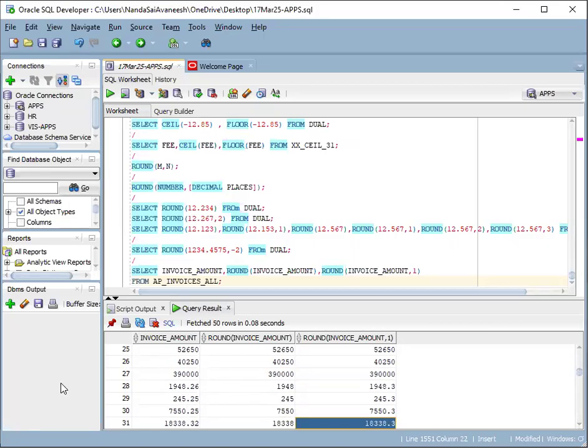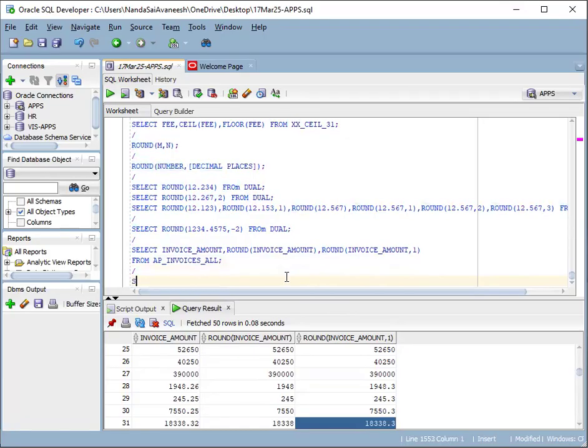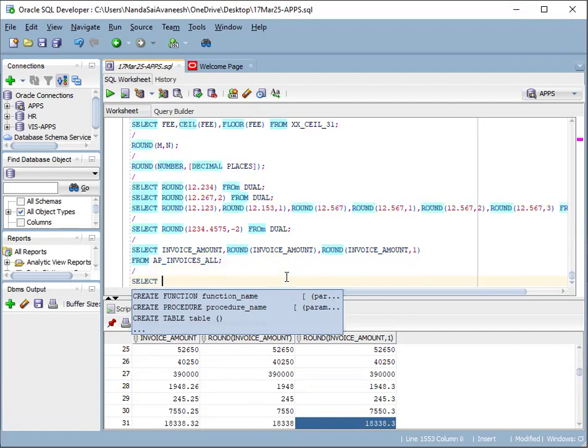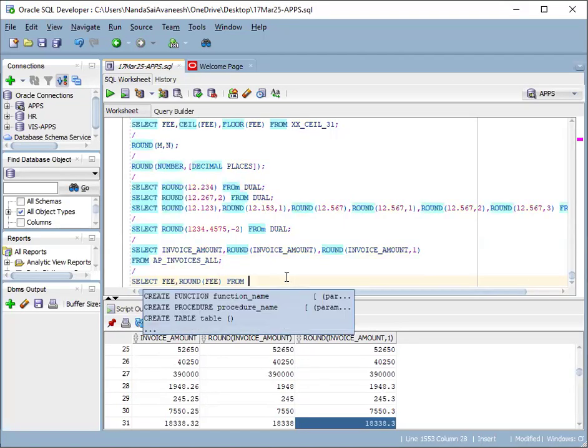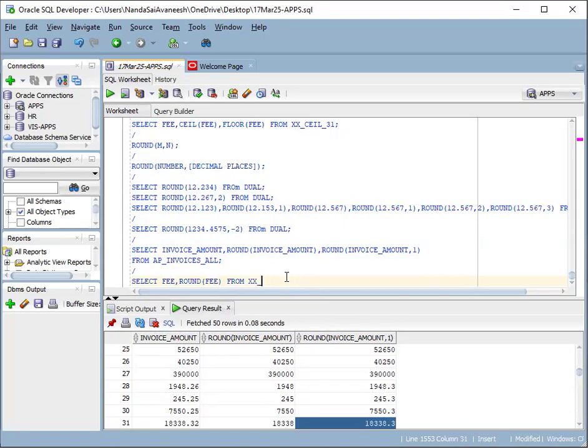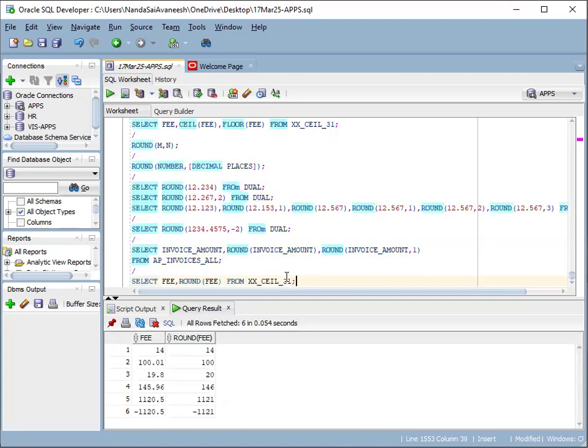Suppose we see the same example in our table, the table we just created, from XX underscore seal underscore 31 table.